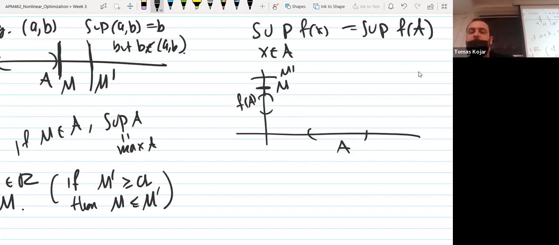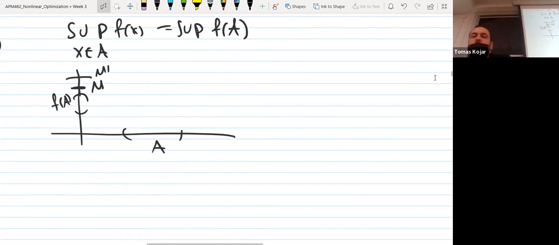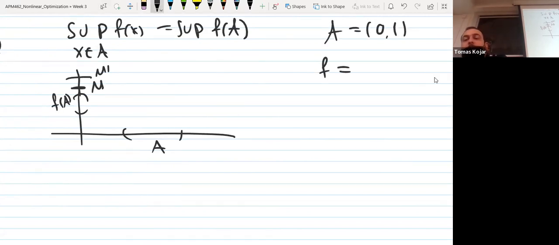So suppose that, yeah, let's do an example. Take A to be (0, 1), and take f to be e to the x. Can someone tell me what is f of A? f of A is a set.